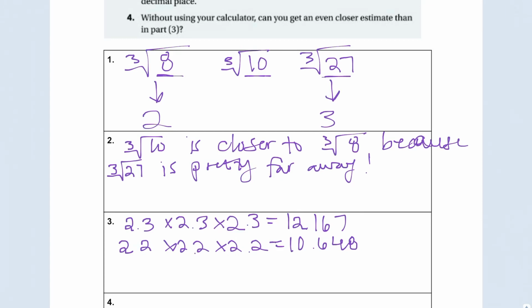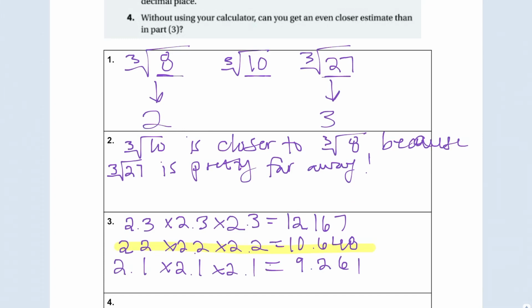But just to be safe, let's test 2.1 as well. That's 9.261. So if we're going for which is the closest, we'd probably say 2.2.